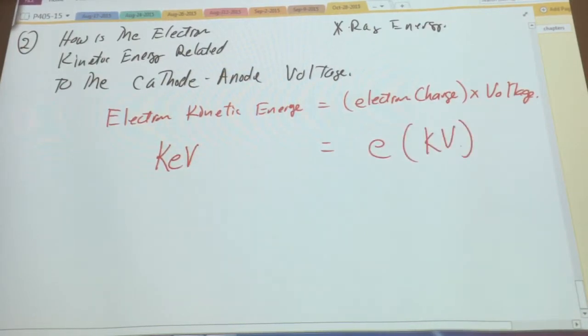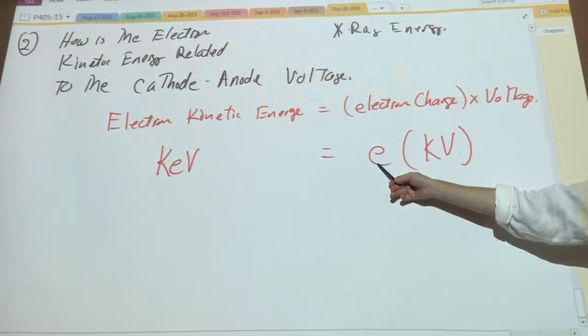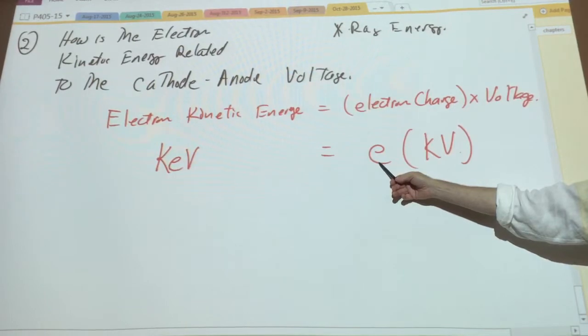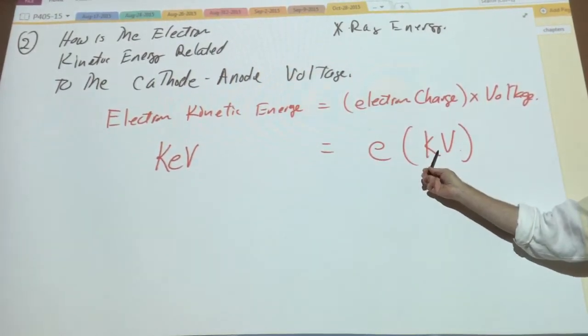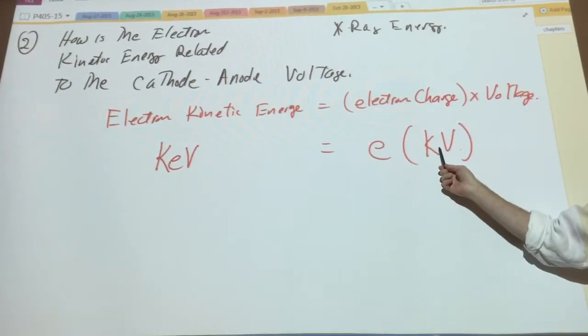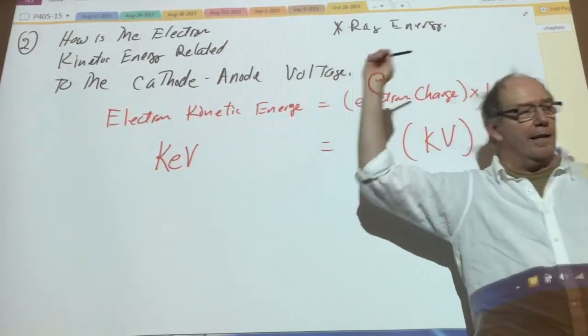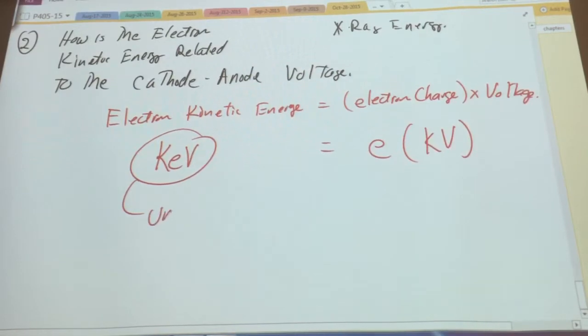So we're going to take the electron charge as E, and we're not going to write it as 1.602 unless we need to. We'll just leave it as E, times our voltage, which happens to be thousands of volts. Move the E between them, and we get our unit of energy.